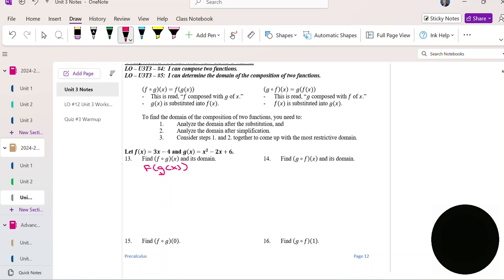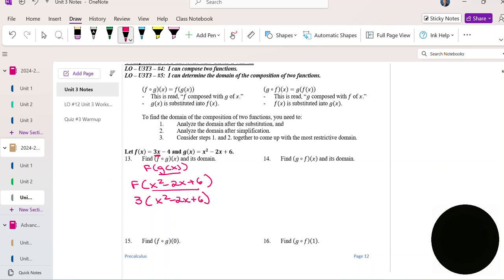So first, you're going to substitute in for the g function. So I'm going to replace g of x with what it's equal to, x squared minus 2x plus 6. And now I'm going to put that in the f function. So I'm going to take 3 times x squared minus 2x plus 6, because that's what's here.